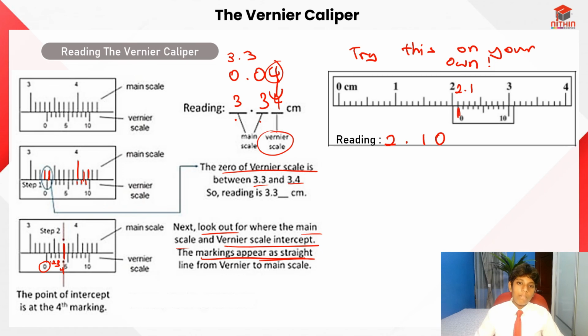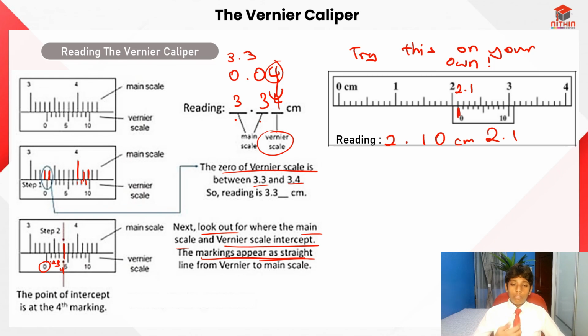Many students make mistakes in this type of scenario. When it's 2.10, the students actually write it as 2.1 because it means the same thing. But the reason we need to write 2.10 cm is that the vernier caliper reads up to 2 decimal places. So that is why we need to mention the 0 there.